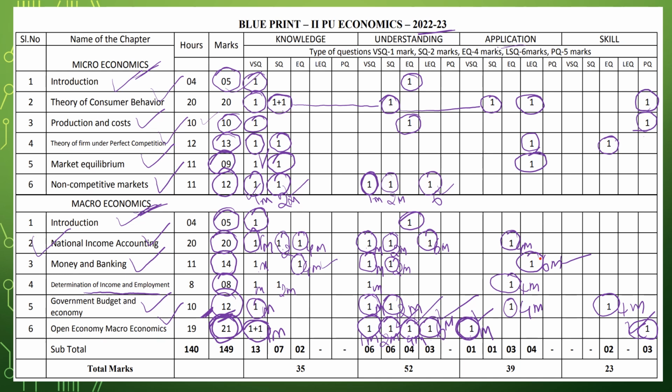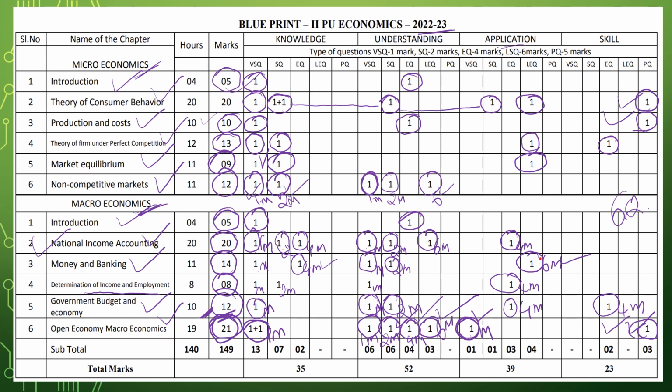See what I told. We have a total of 6 practical oriented questions, right? Out of 6, according to the model question paper which they have attached along with this blueprint, they are asking a practical oriented question from consumer behavior, production and cost, and from open economy.